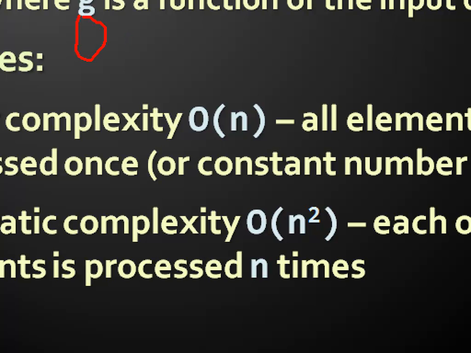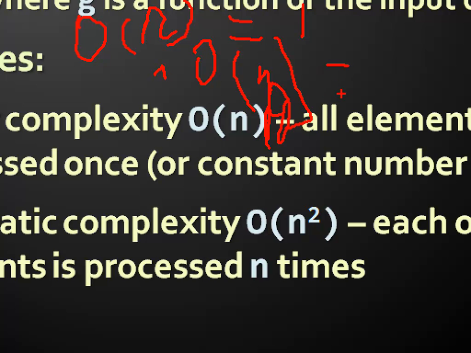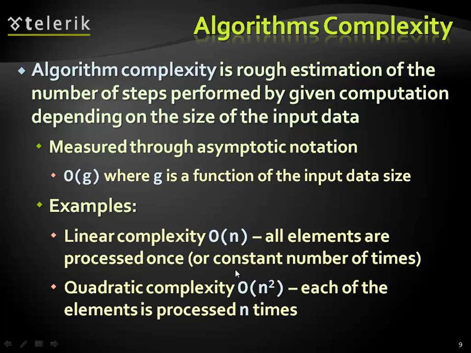If you have O of n, and n is, for example, 1, you have 1 operation. If you have big O of n and n is 10, you have 10 operations. Maybe I should write here. We do this, and then do this. Okay, so we have a big O notation of n elements.